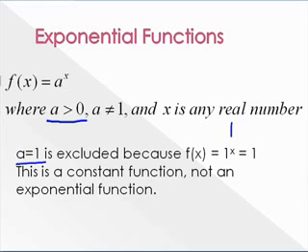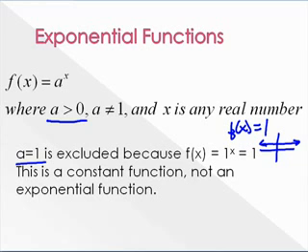If f of x is equal to 1, that's just a constant function. And that would look like a horizontal line 1 unit up. So that is not an exponential function. So we can't have a 1 for a base. We cannot have negative numbers. That's just not something we deal with in college algebra.